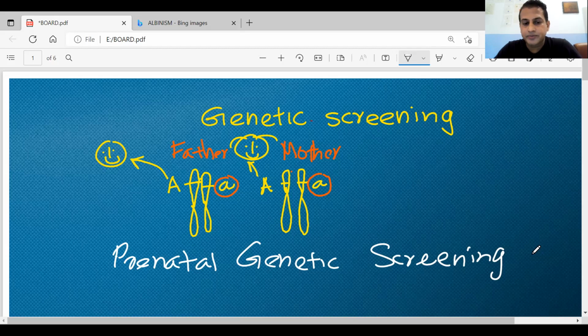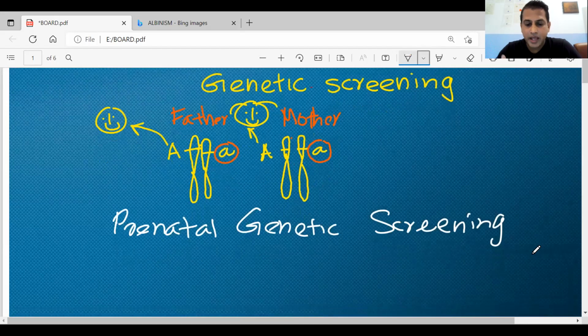So how do they do that? There should be a special agreement between the parents, the hospital and the doctor, and they have to sign a document. They get all the information from the genetic counselor and maybe the doctor, and they have a special timeline. They can't do it at any time.